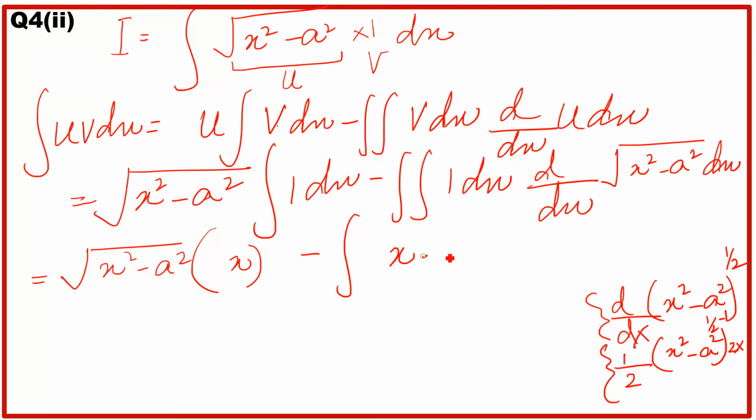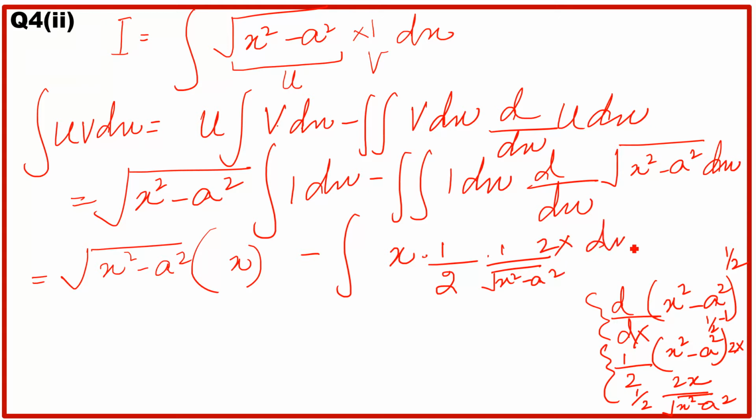You have to write it exactly, because this is the derivative. When we subtract 1, it is x square minus a square to the power minus 1 over 2, so minus 1 over 2 we can write as 1 over under root x square minus a square. The same thing here: under root x square minus a square into 2x dx.